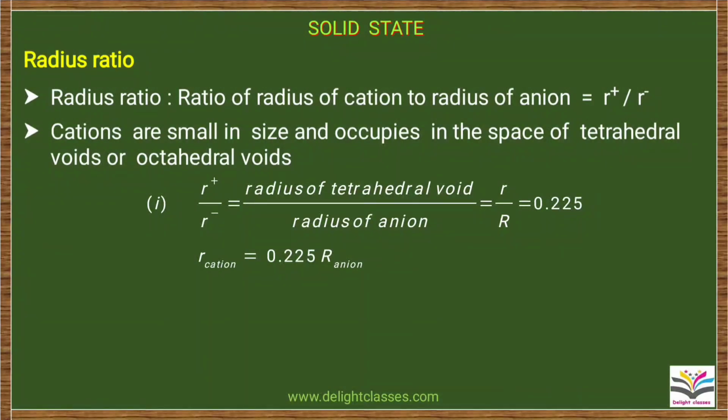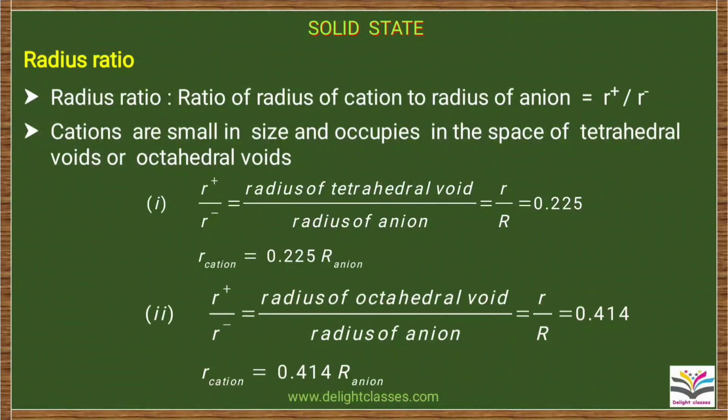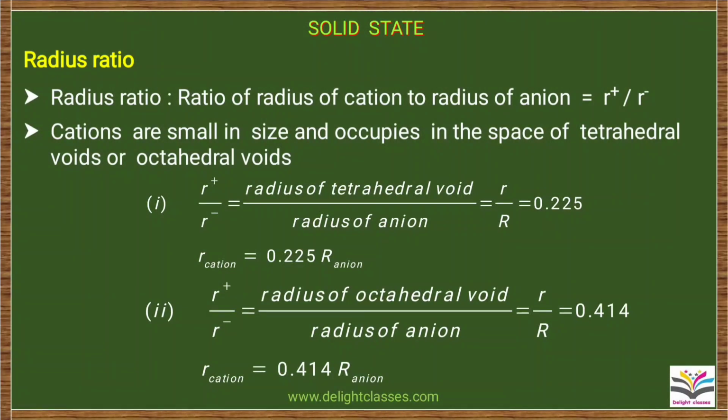The radius of tetrahedral void upon radius of anion is 0.225, that is, the radius of tetrahedral void is 0.225 times the radius of the sphere. Radius of octahedral void upon radius of anion is 0.414, that is, radius of octahedral void is 0.414 times the radius of anion.